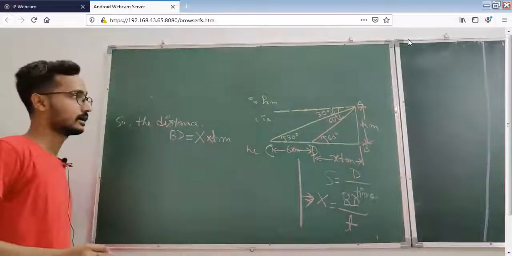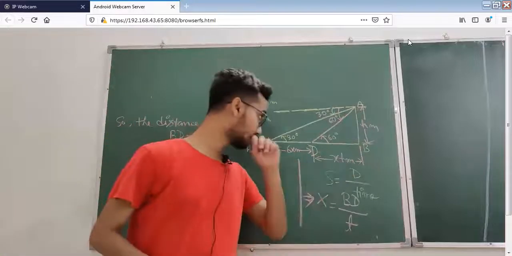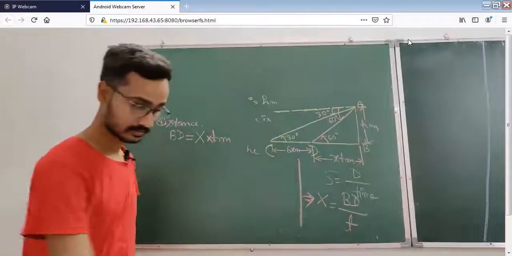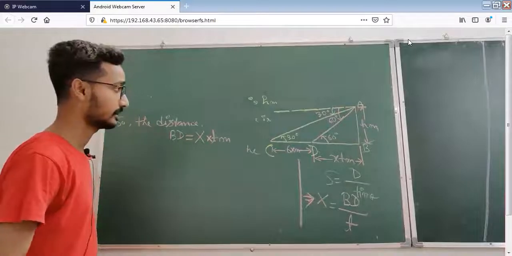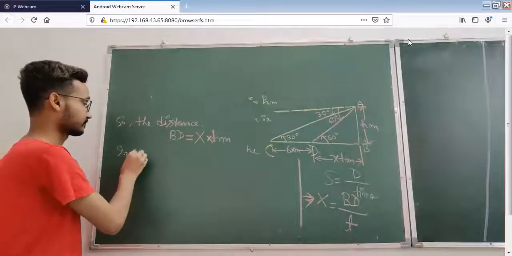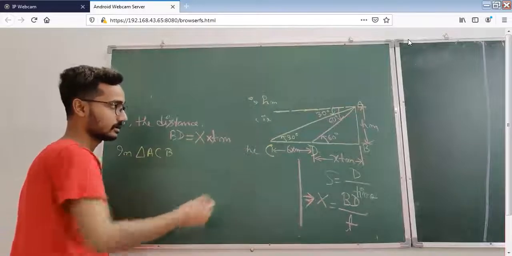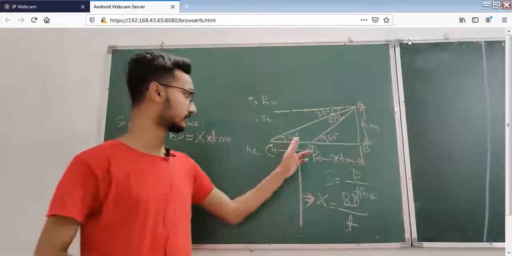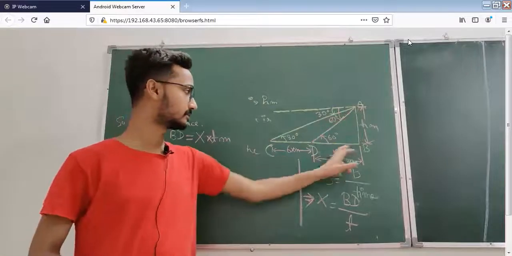Now see, if you take the triangle ACB, the bigger one. For this angle 30 degree, your perpendicular will be AB and BC will be your base.